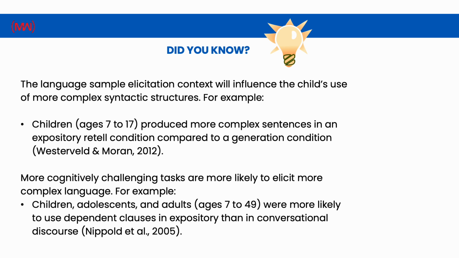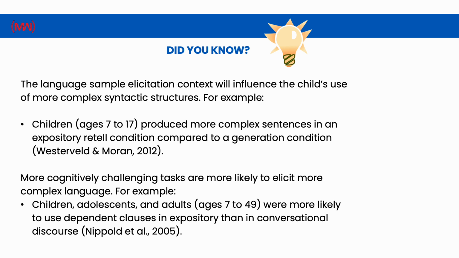For example, we found that children ages 7 to 17 produce more complex sentences in an expository retell condition, when we asked them to retell the game of curling, compared to a generation condition where we asked them to explain the rules of a game.